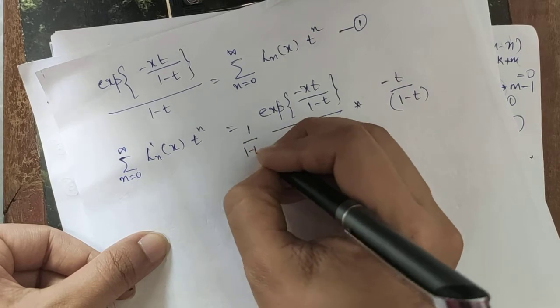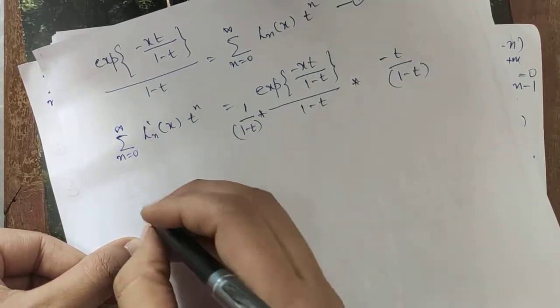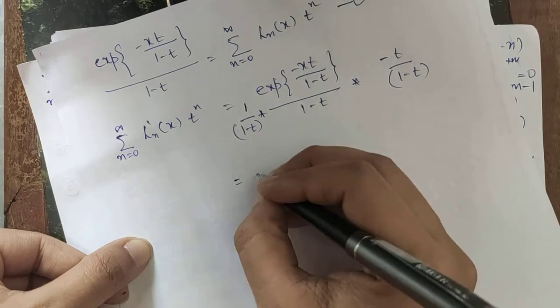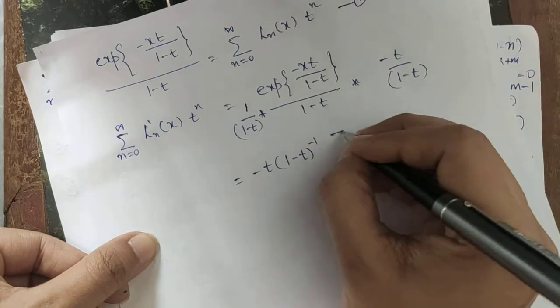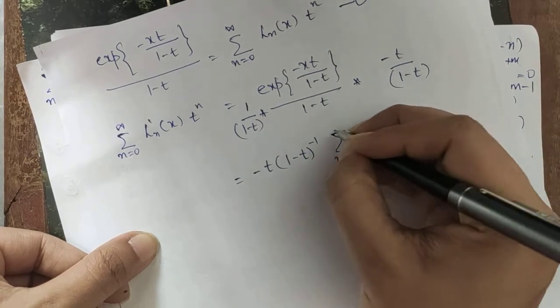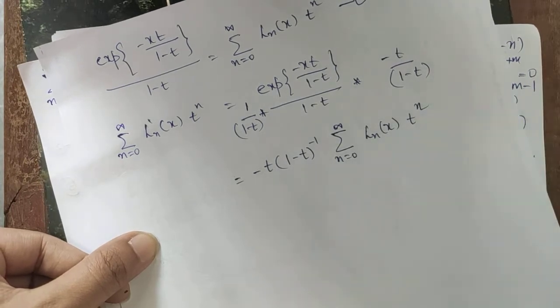Here 1 minus t is constant, right? So you can rewrite this as −t (1 − t)^(−1) into summation n equals 0 to infinity Ln(x) t^n.